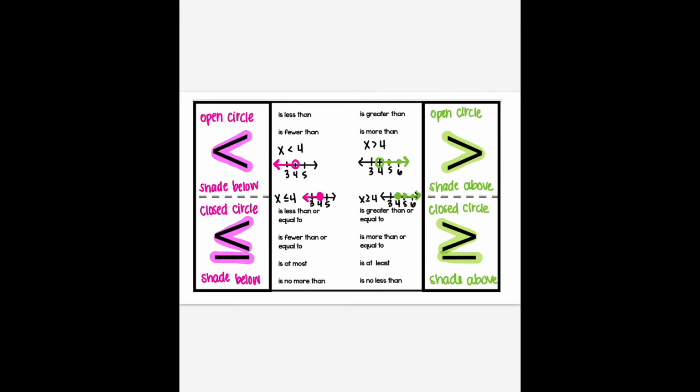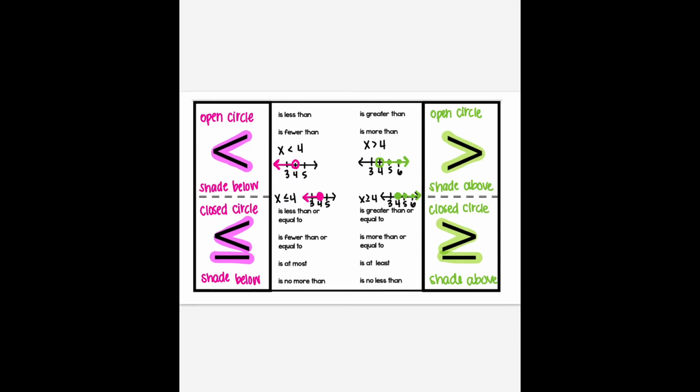Anytime the equal to part is involved, I like to think about money because it makes more sense that way. So if it's at least $4 to get into a movie, for example, then it might cost $4 or it might cost $5 or it might cost $6 or more, but it's not going to cost me any less than $4. I know I've got to spend at least $4, so 4 or more than that.